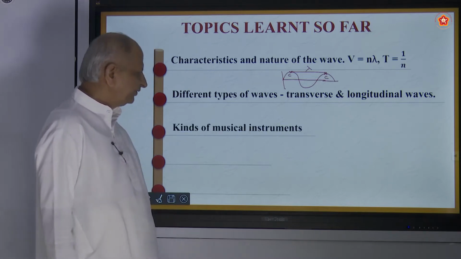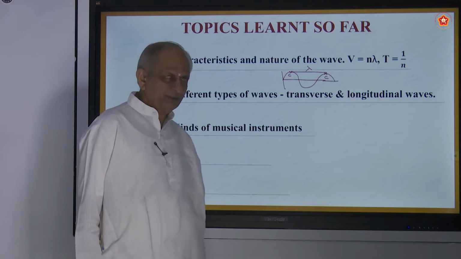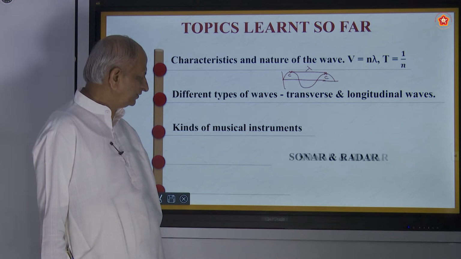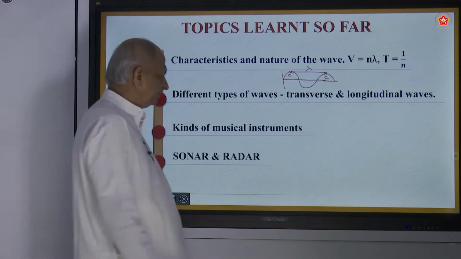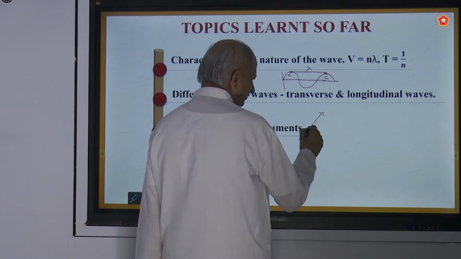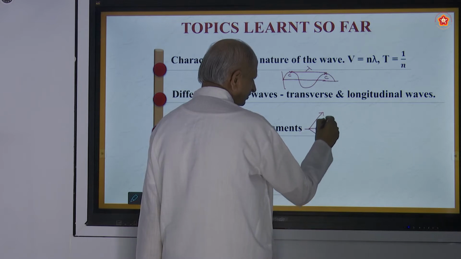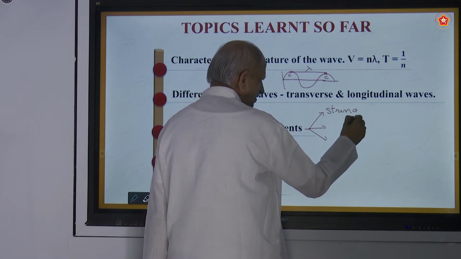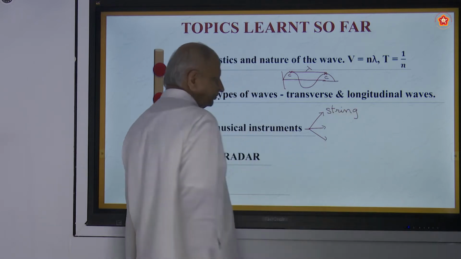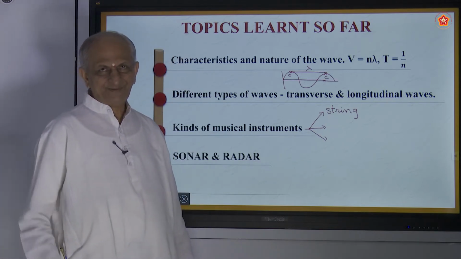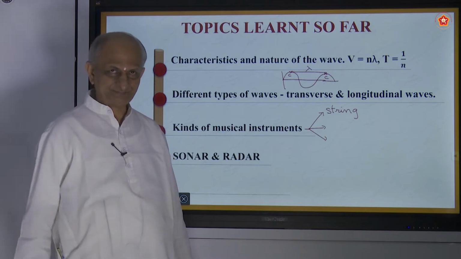So also we have seen the different kinds of musical instruments. What are the three kinds? There are three kinds of musical instruments. One is called string instruments, for example veena, sitar, violin, etc., where a vibration is created.